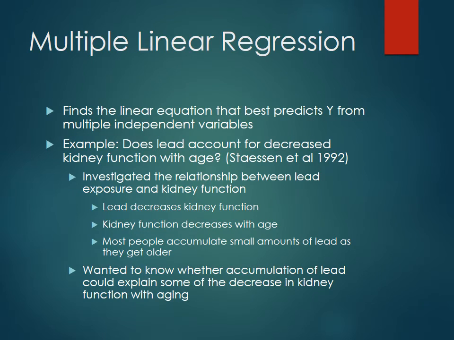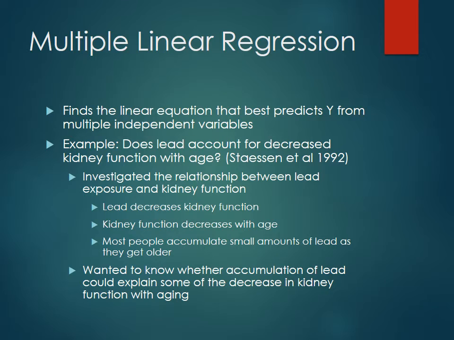So this is a 1992 study where they were looking at whether lead accounts for decreased kidney function with age. We'll use as one of our assumptions that if you have increased lead levels, you would see a decline in kidney function over time. They knew lead decreases kidney function.